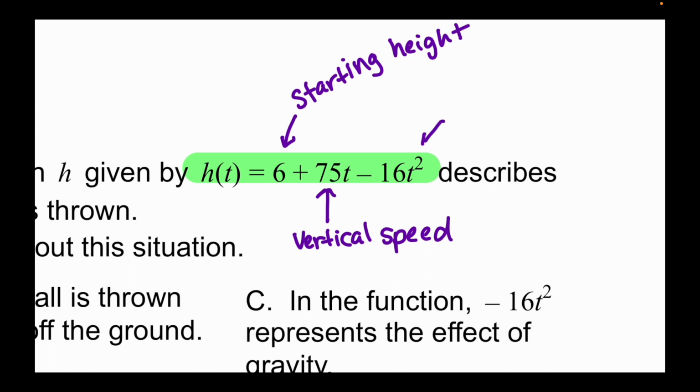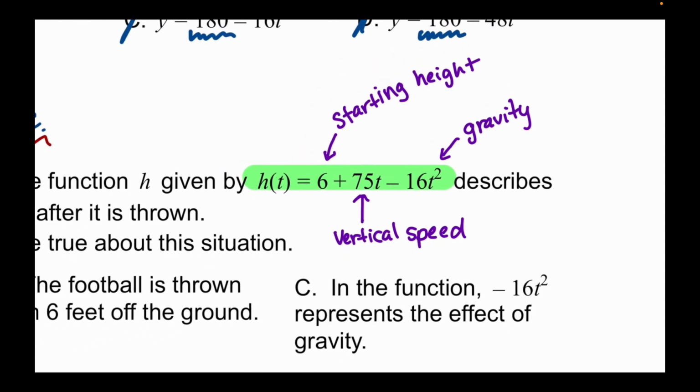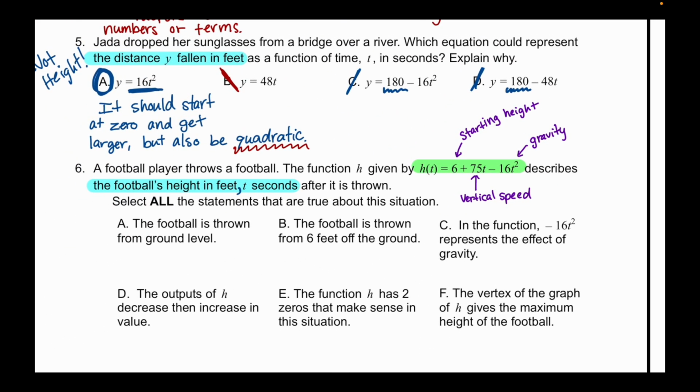And then this minus 16t squared describes gravity, or it falling. Okay, so when we start out and we say the football is thrown from ground level, nope, because it is thrown from 6 feet. Now I don't have to write that in here because it's not asking me to explain, but I'm just going to.